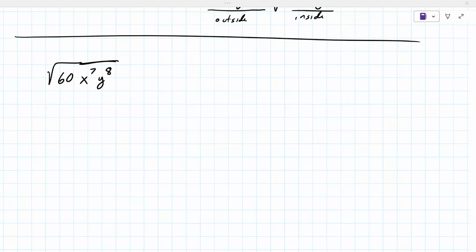Would it be 4xy square root of 15 x to the sixth y to the seventh?